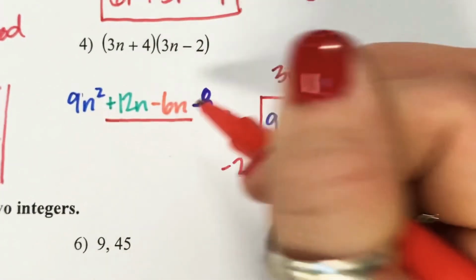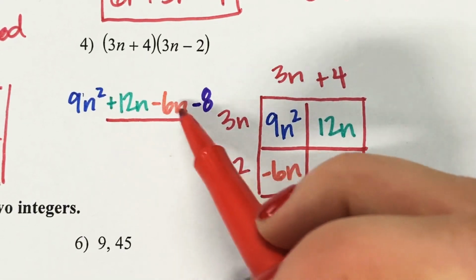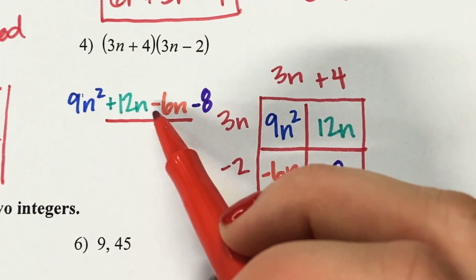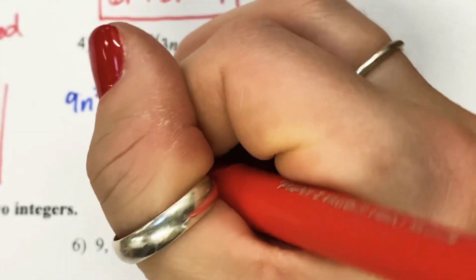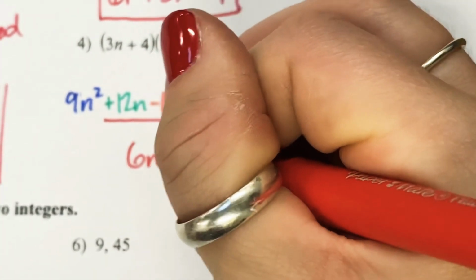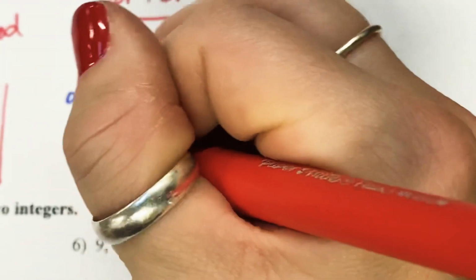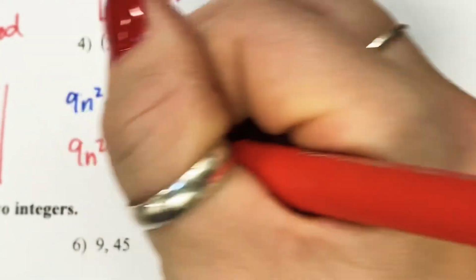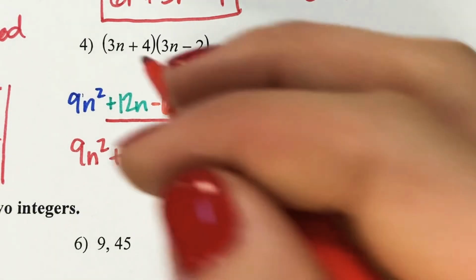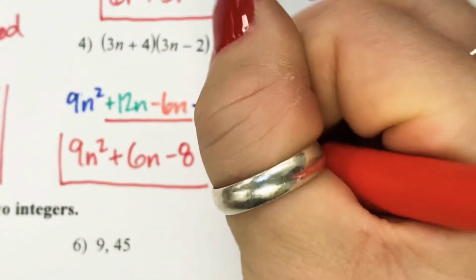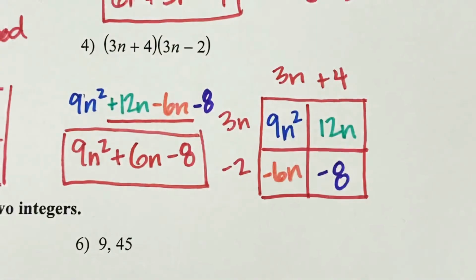It's these two in the middle because they both just have the 1 n's. So what is 12 minus 6? 12 take away 6 is going to give me 6n, minus 8 on the end, and 9n squared with a positive since it's plus 6n. And there's our quadratic expression.